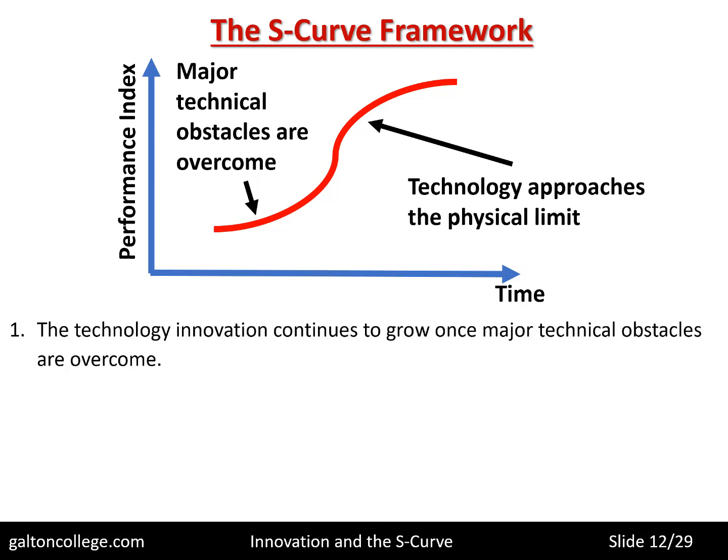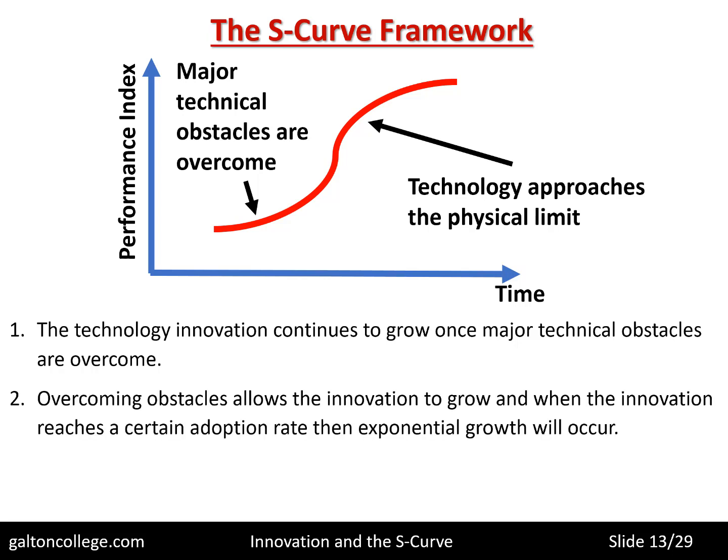The technology innovation continues to grow once major obstacles are overcome. So the technology, the innovation, the performance tends to grow over a period of time, and of course the return on the investment will start to grow as well.